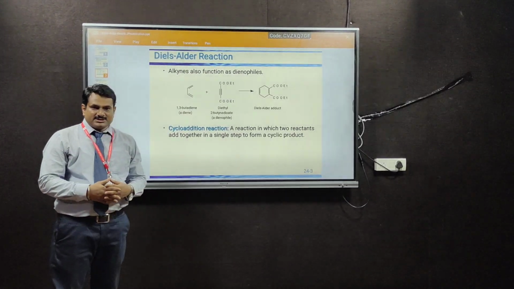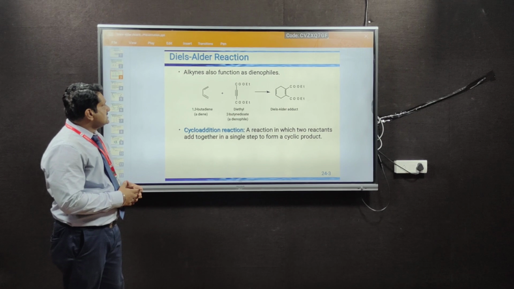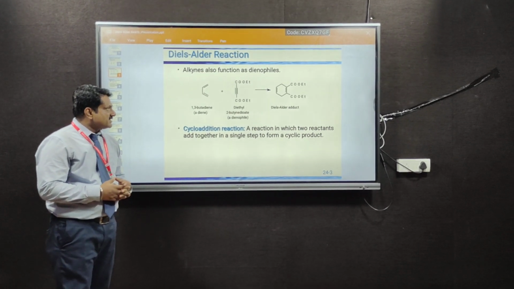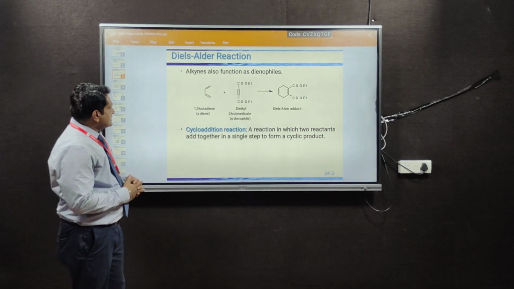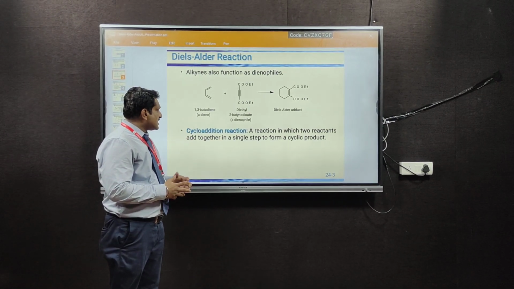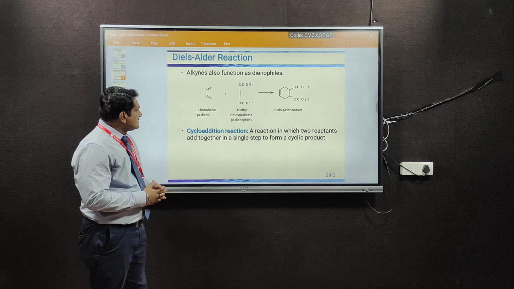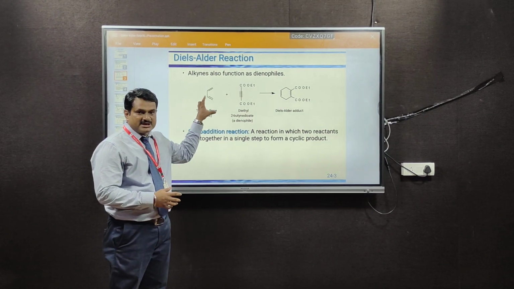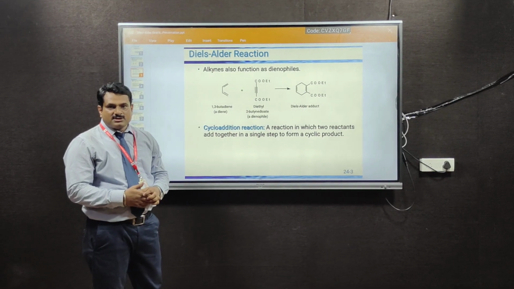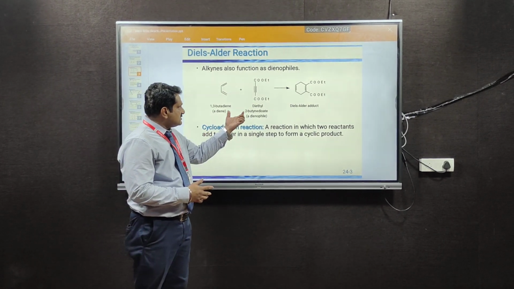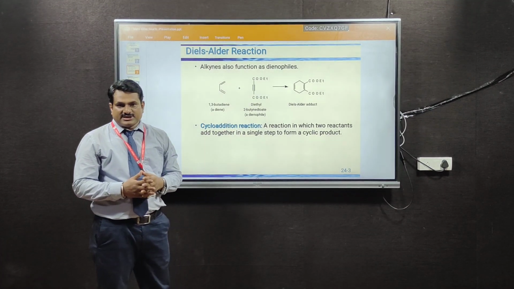We can have examples of this important reaction where we get a cyclic product. Again, we can start with 1,3-butadiene as a diene, which is nucleophilic in nature, and here we have a dienophile reactant which is electrophilic in nature.